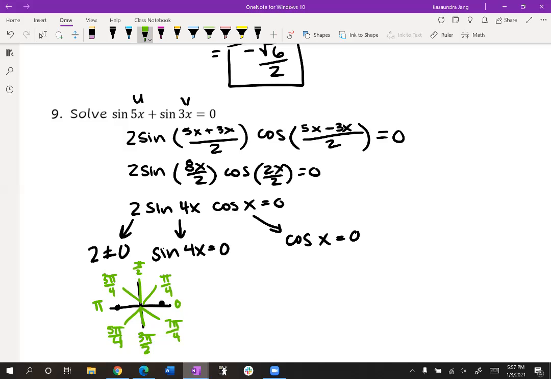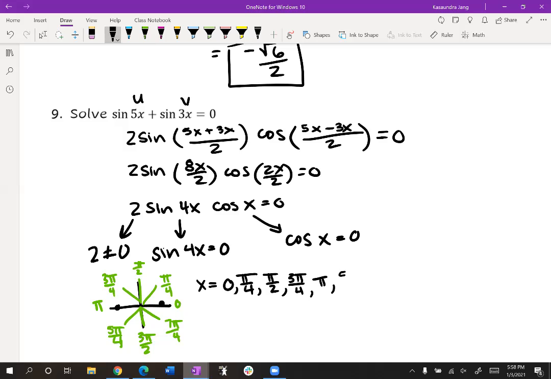So I'm going to put those in my list here, what x equals. 0, pi fourths, pi halves, 3 pi fourths, very long list here.